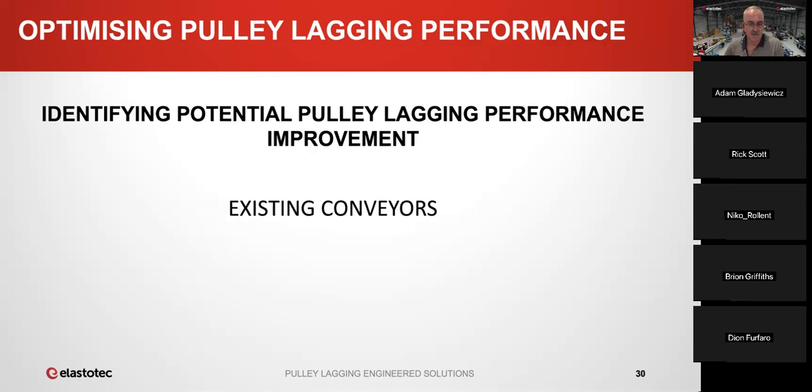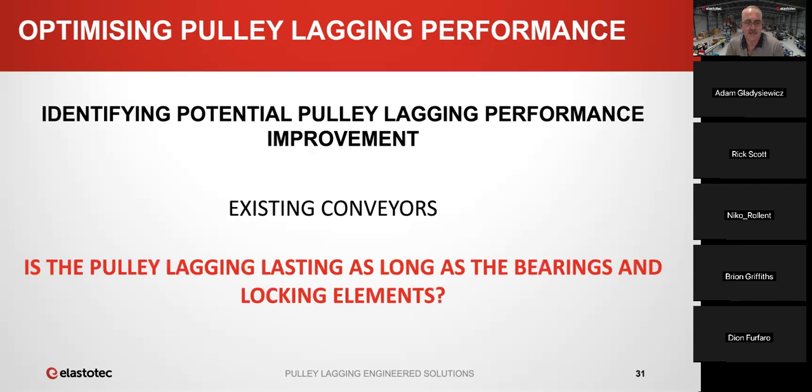And whenever we look at existing conveyors, there's basically one question that we ask in relation to performance improvement, and that is: is the pulley lagging lasting as long as the bearings and the locking elements?